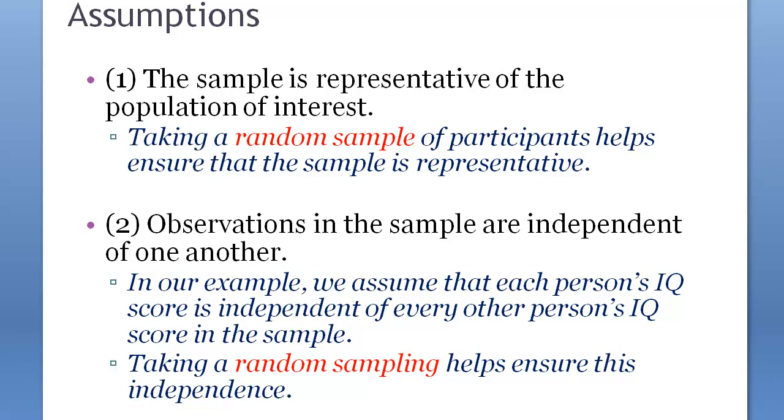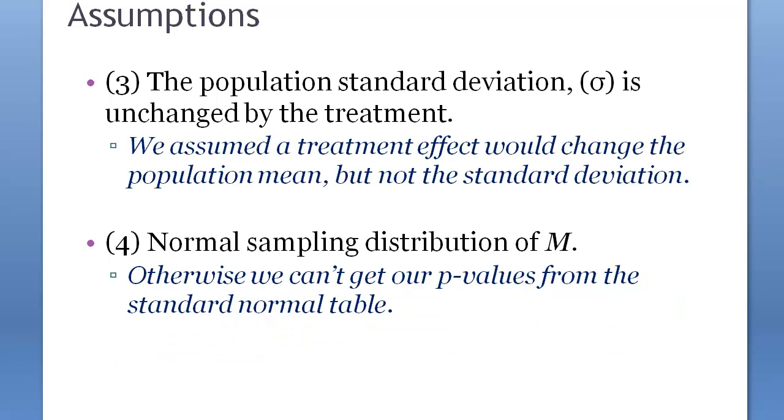In our example we assume that each person's IQ score is independent of every other person's IQ score in the sample; taking a random sample helps ensure this independence. Third, the population standard deviation is unchanged by the treatment. We assume treatment effects would change the population mean, but not the standard deviation.